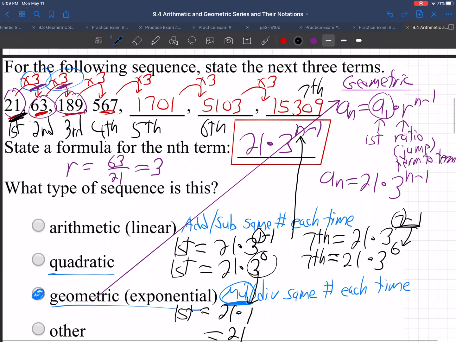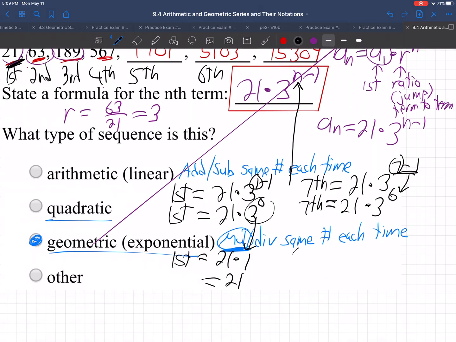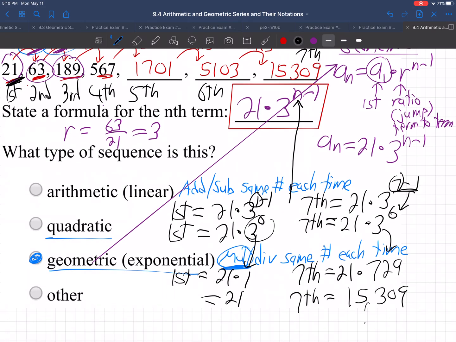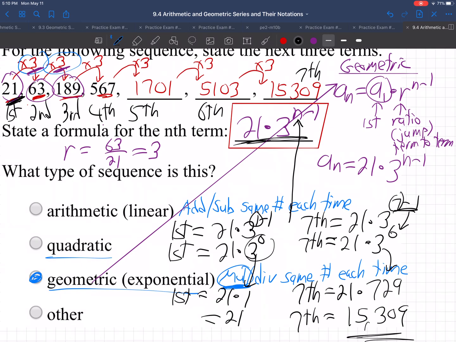Using my calculator, 3 to the 6th is 729, and then times 21, it's predicting that the 7th term will be 15,309. Sure enough, that's exactly what the 7th term is. So I'm just proving to you that this formula really is working. It'll give us any term now that we found it. There we go.